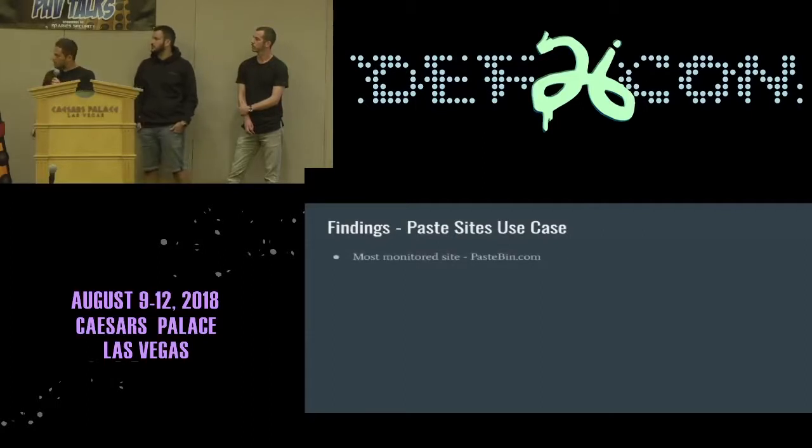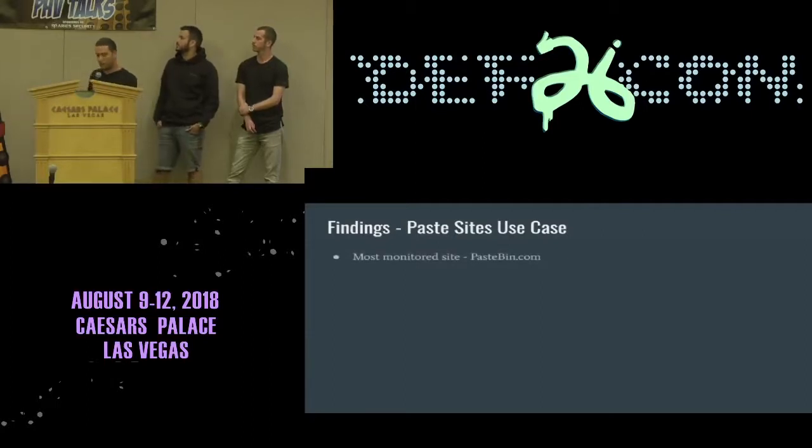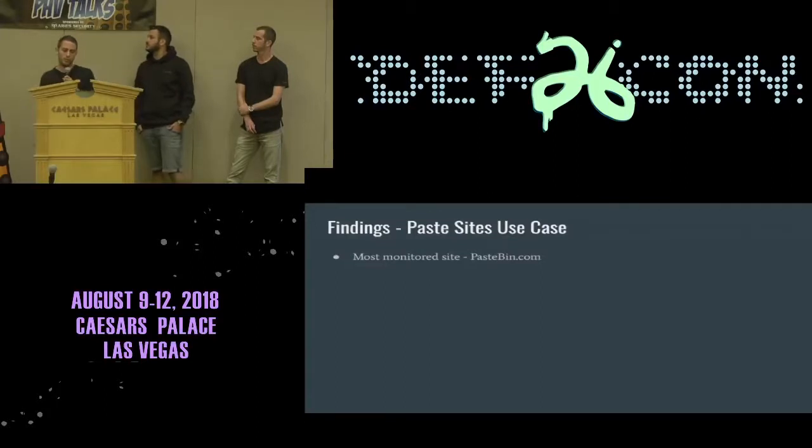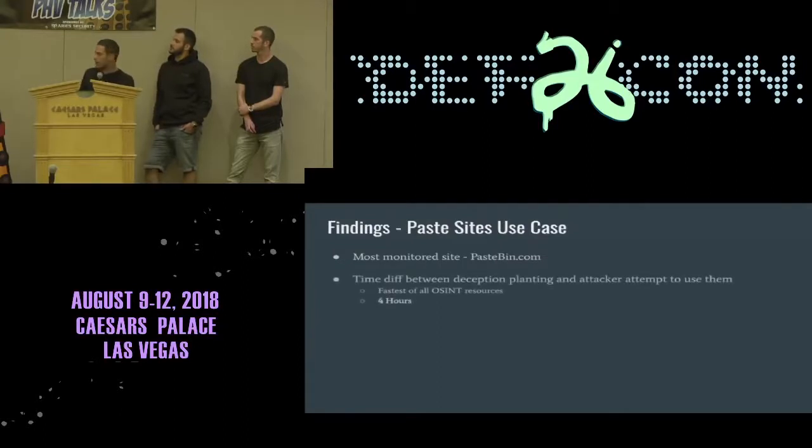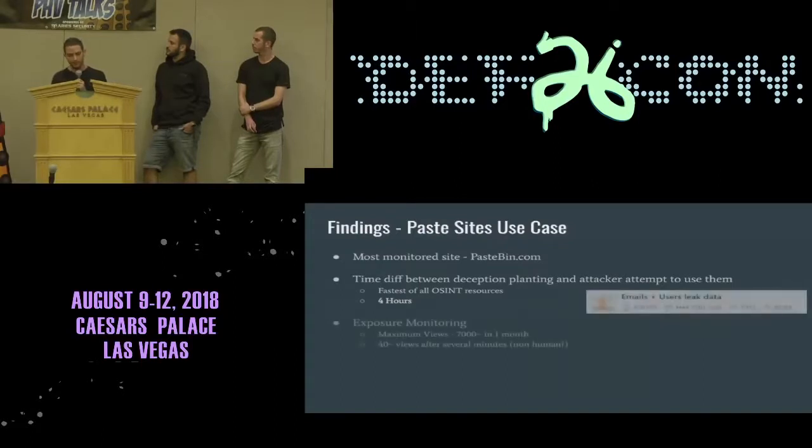Let's look now at the most attractive resource, which was Pastebin by far, and let's try to explain why it was the most monitored site. First of all, the average time between deception planting and attacker attempt to use them was 4 hours, which is the fastest of all the OSINT resources. The exposure was amazing. We got over 7,000 views on a paste in 1 month.